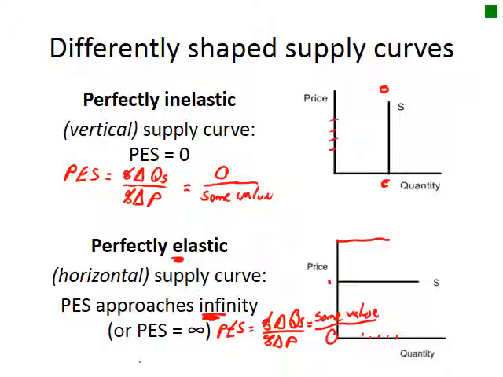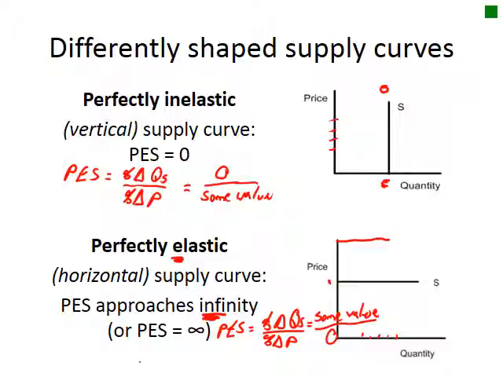So PES equals percentage change in quantity supplied, not demanded, because we're looking at PES, over percentage change in price. So here we could have price changing, and so we would have some value if we were to calculate that. But in terms of quantity supplied, it's remaining there, so it would be 0. So 0 over some value, of course, is 0.